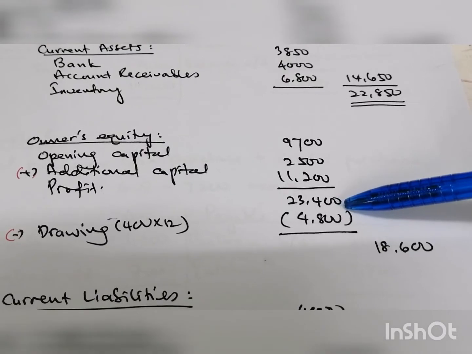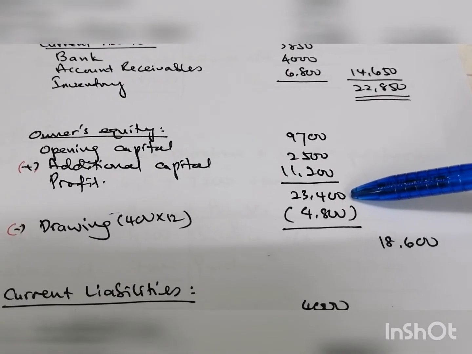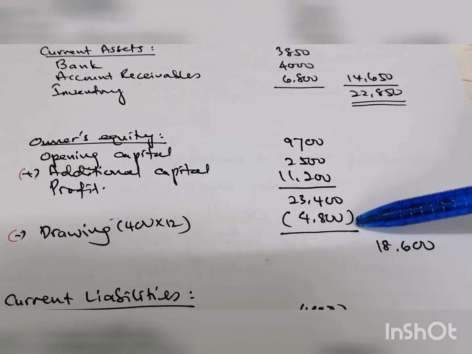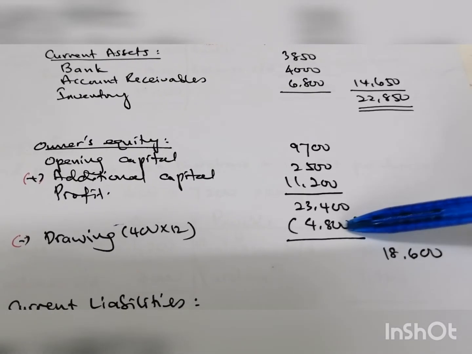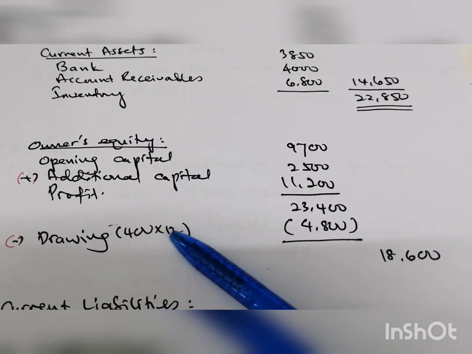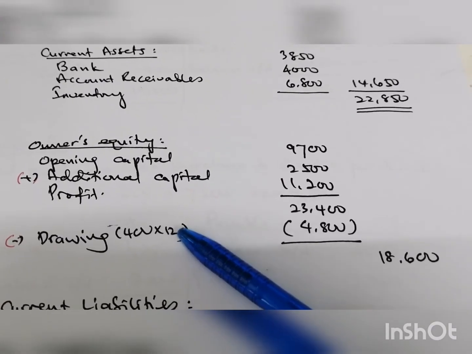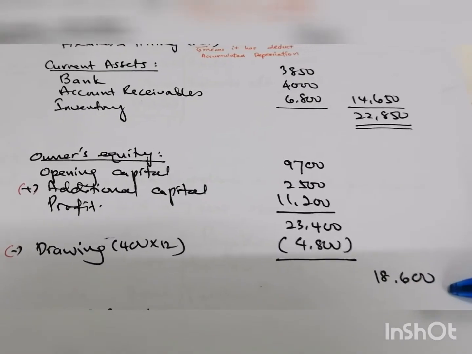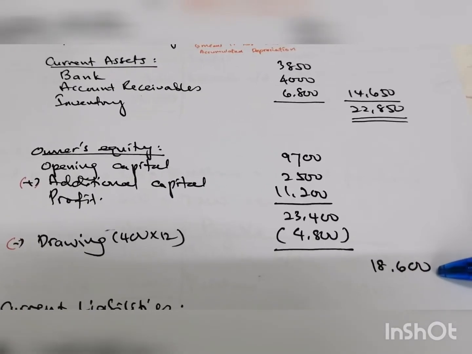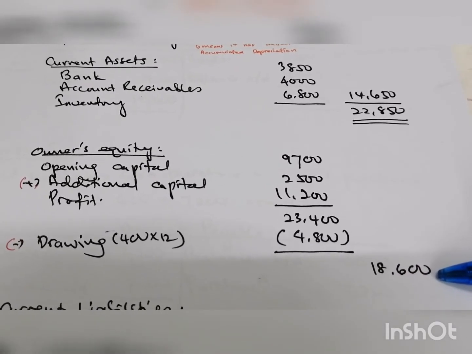So the total is 23,400. Therefore minus your drawing 4,800. Your drawing is 400 times 12 months. So the total for owner's equity is 18,600.